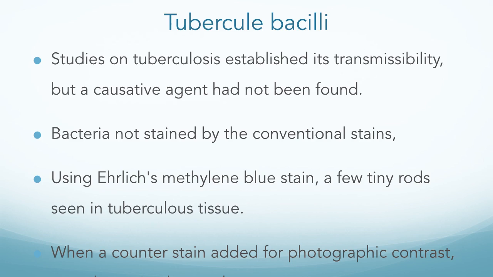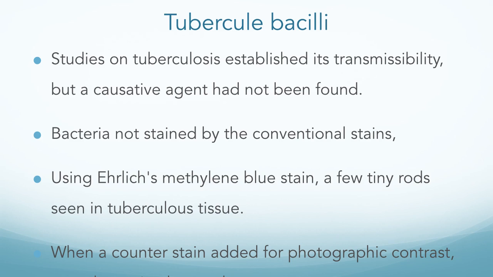Preliminary studies on tubercle bacilli had established its transmissibility, but the causative agent was not yet found. Suspecting that tuberculosis was caused by bacteria which are not stained by the conventional stains, Robert Koch experimented with new stains.